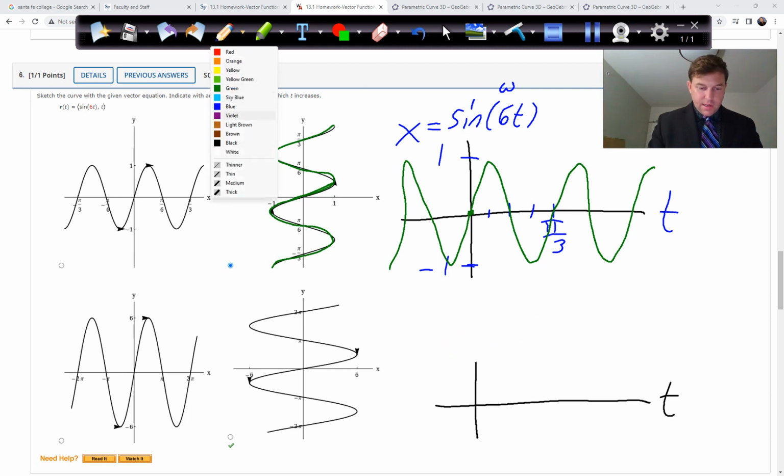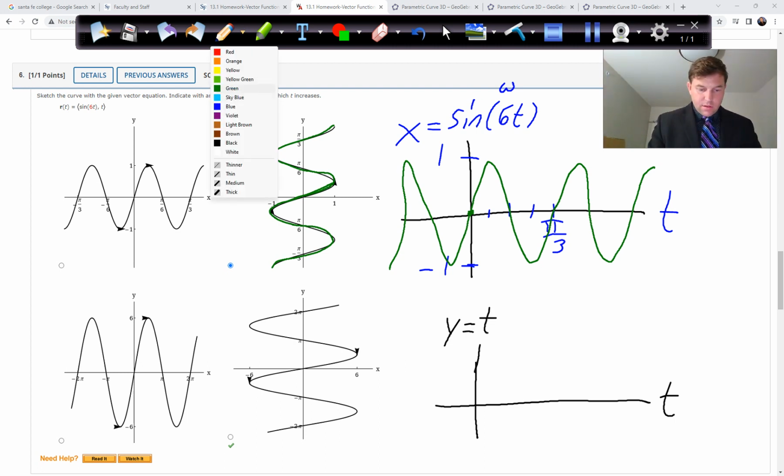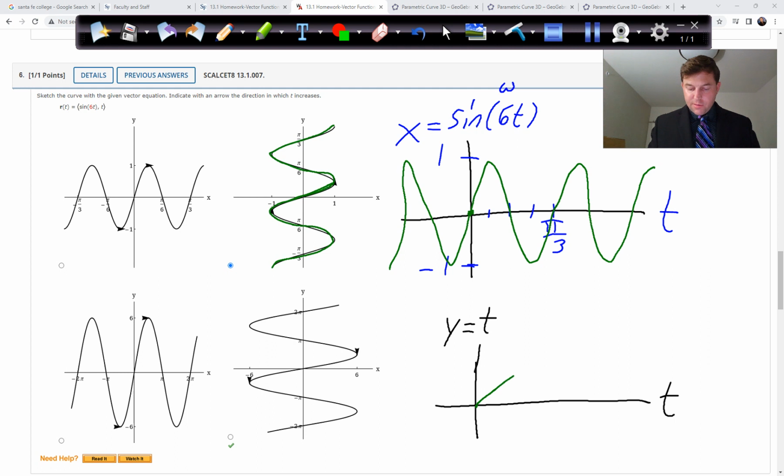So as t marches along, y is going to equal it. So if time is 1, y is 1. If time is 2, y is 2. If time is 3, y is 3. So it's a straight line.